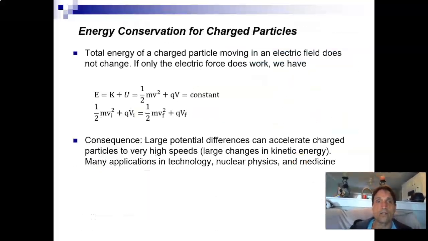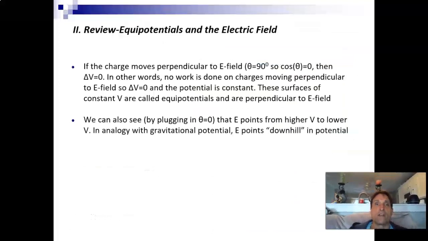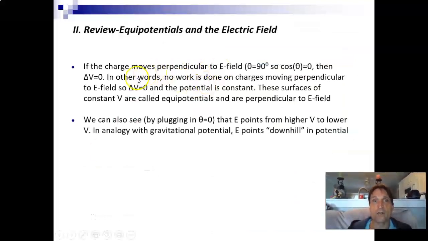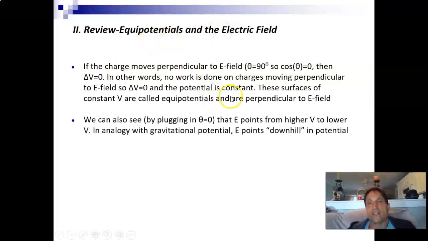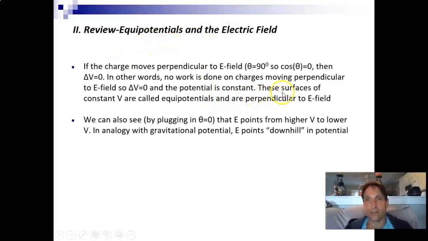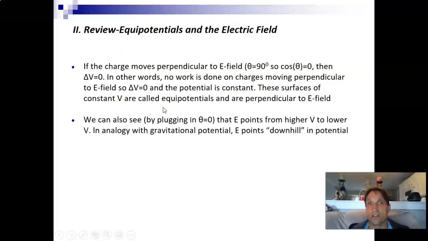So in other words, if charged particles move perpendicular to an electric field, the change in their potential is 0. So no work is done on particles moving perpendicular to the field. And since the potential is constant if we move perpendicular to the field, these surfaces of constant V are called equipotentials.